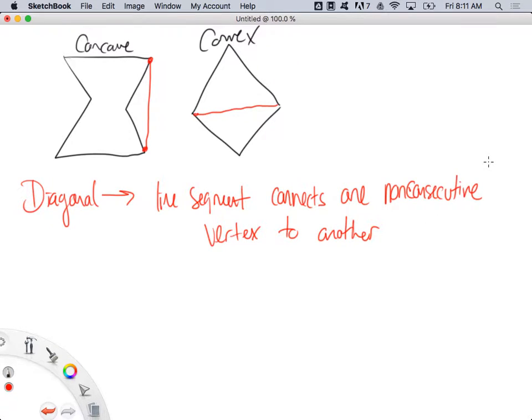Okay? Remember, consecutive means one after the other. So if this one and this one are consecutive, this one and this one are consecutive, these two aren't consecutive, so they're non-consecutive. So a diagonal is a line segment that connects one non-consecutive vertex to another.